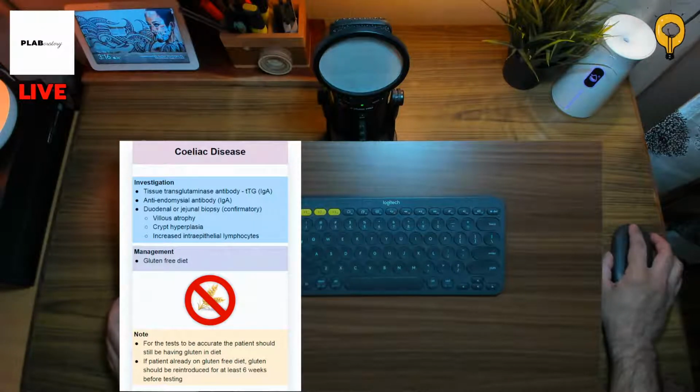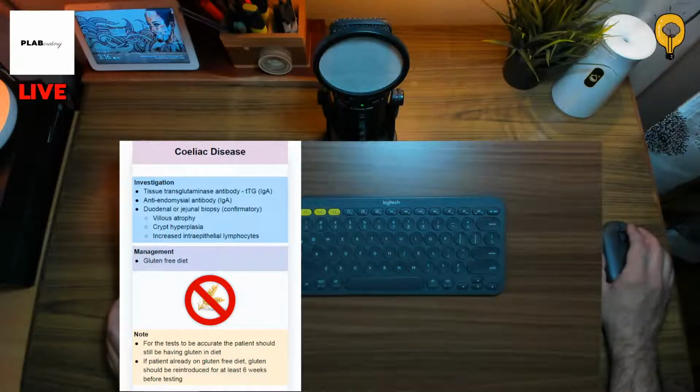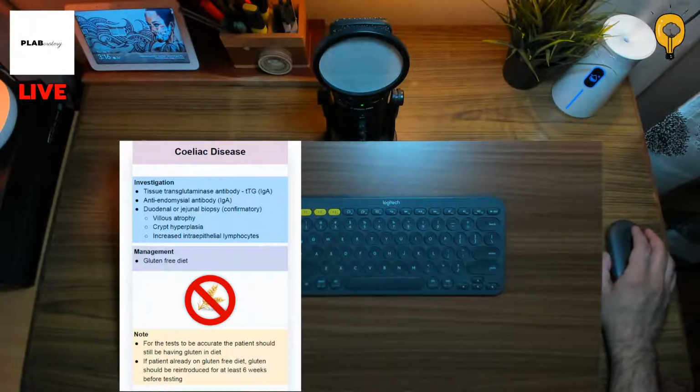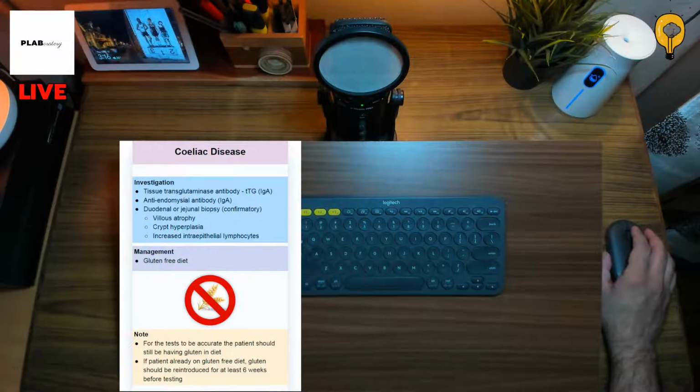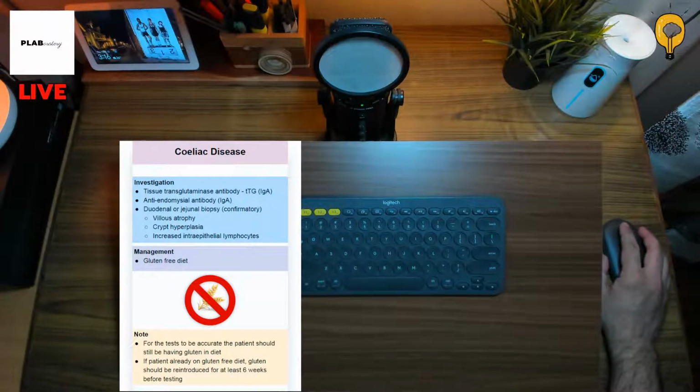Now we have a 35-year-old man presenting to his GP surgery with a history of dyspepsia intermittently for the past 3 months.